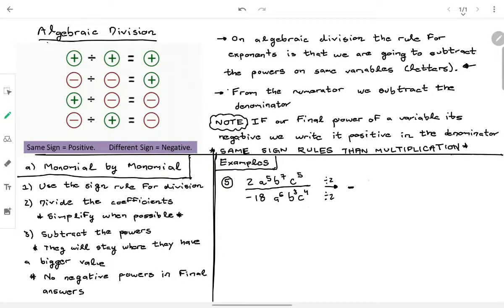So it will be 1/9. Then we can use the power subtraction. So it's going to be -1/9 of a to the -1, b to the 4th, and c to the 1.